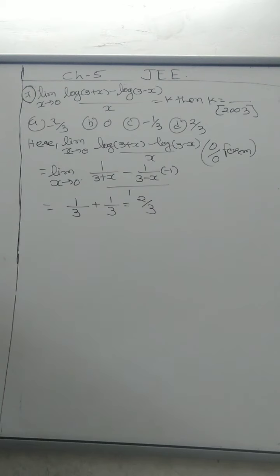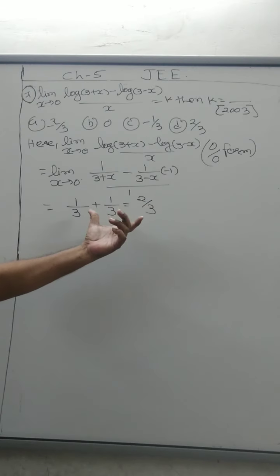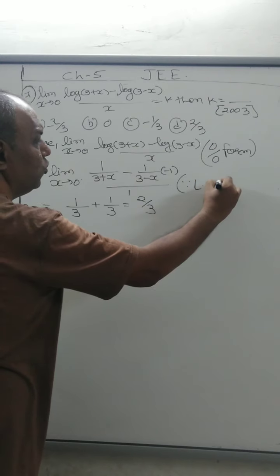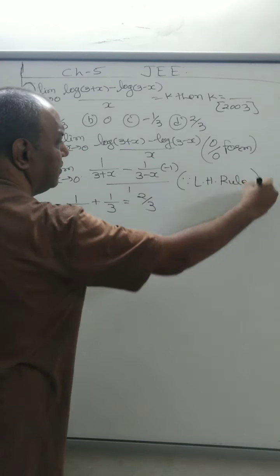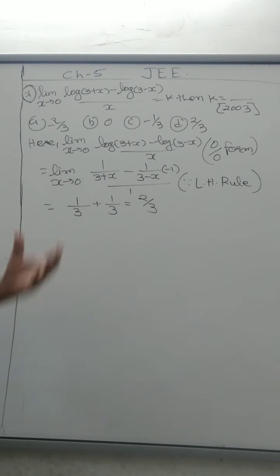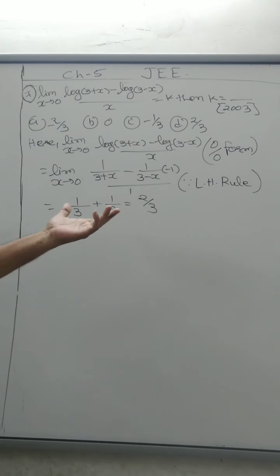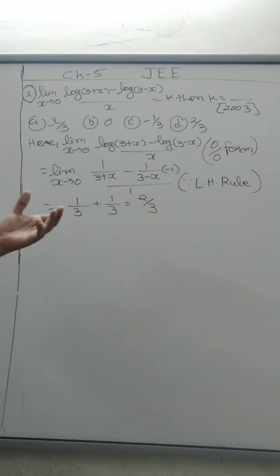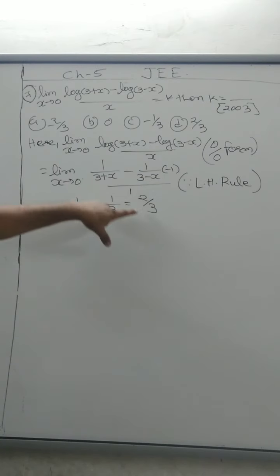So this is our answer, that k equal to 2 by 3, right? This is the easiest method. When you apply the L'Hospital rule here, then it is very easy, and it is a time saving method, not time consuming. So this way we can easily find our answer.